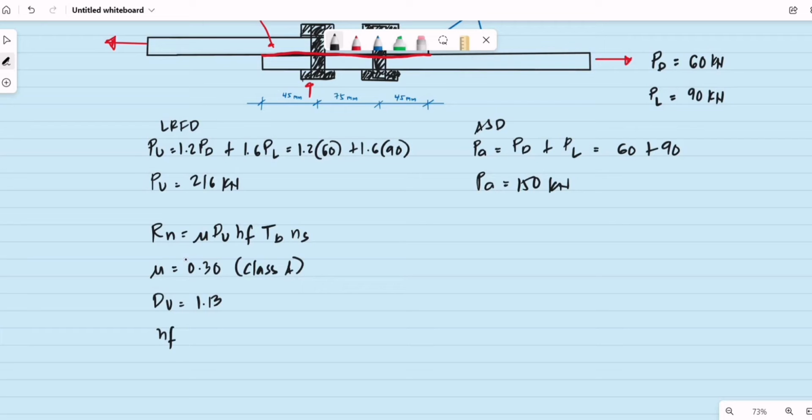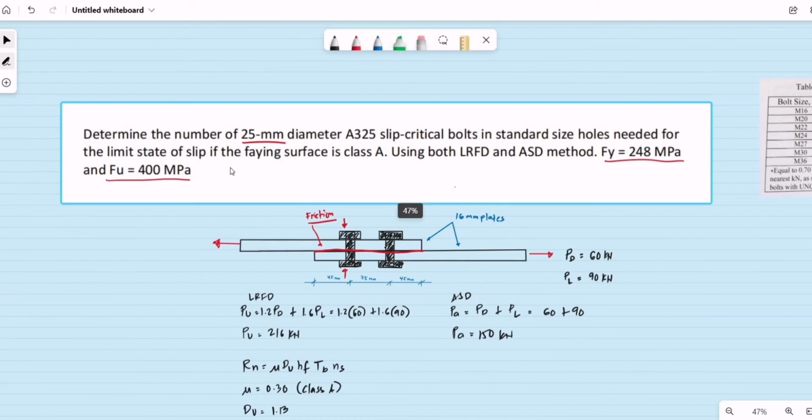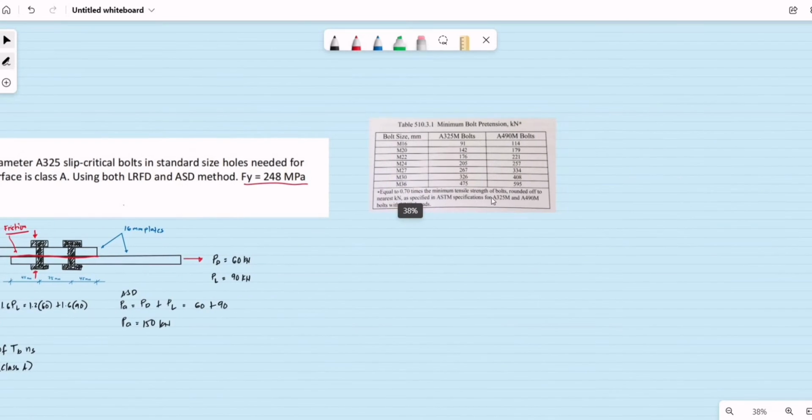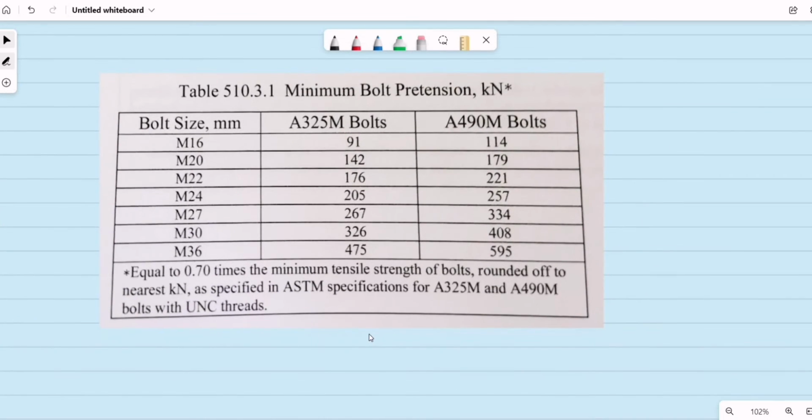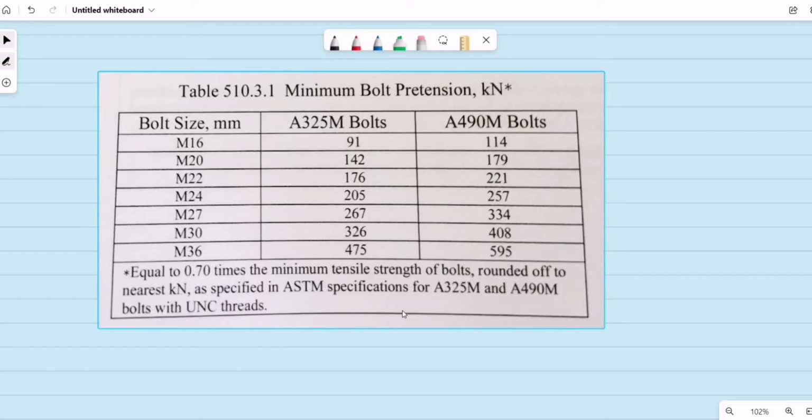So we are using bolts. H sub F is 1.0. Then T sub B, this is from our NSCP. So we are using 25 mm bolt diameter. But from our table 510.3.1, we don't have 25 mm.